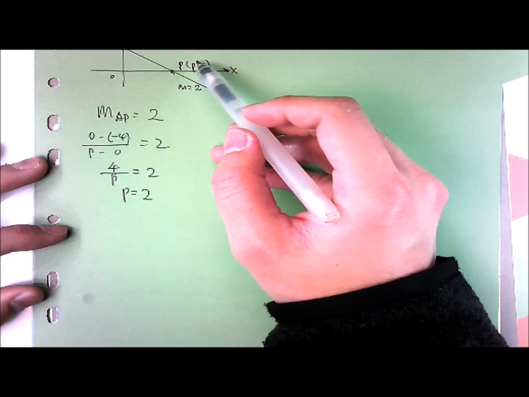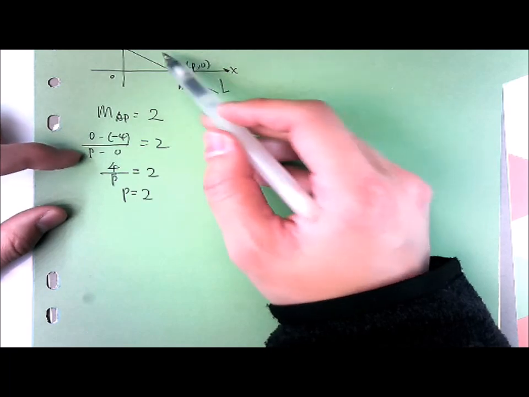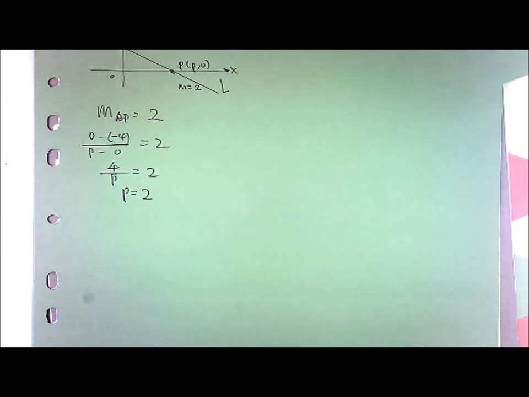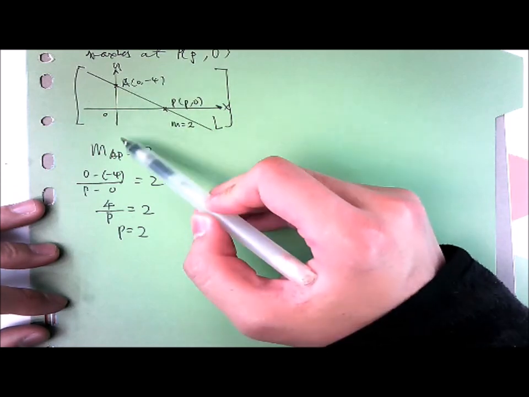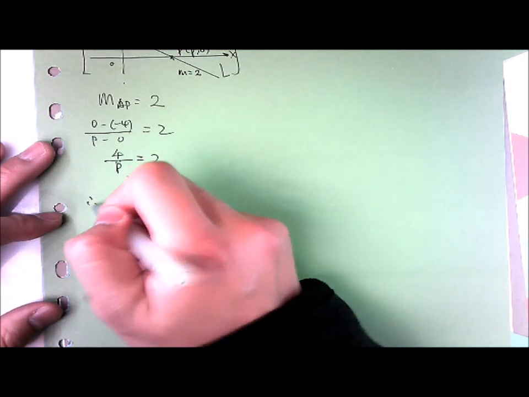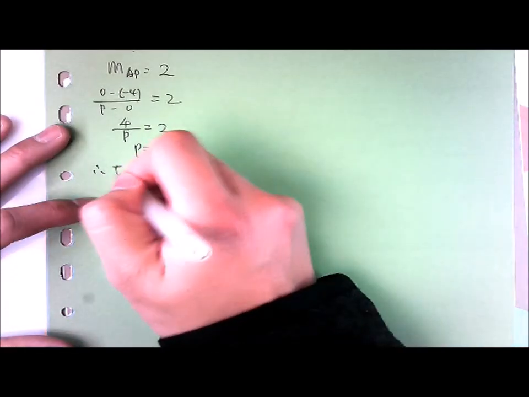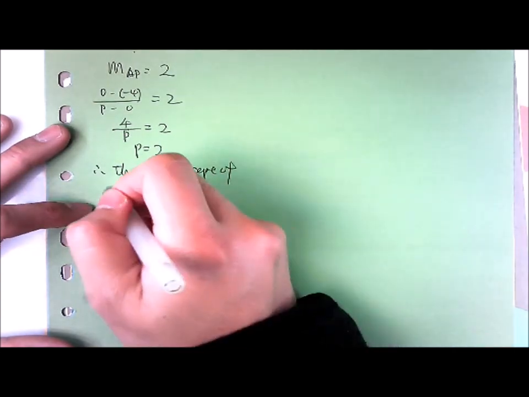P, 0. Oh, I think it's okay because this is only for reference. Actually, this is not minus 4 here. It should be here, right? But it's okay. We can find the p. This p should be correct. So we have to answer the question. So the x-intercept of L is 2.